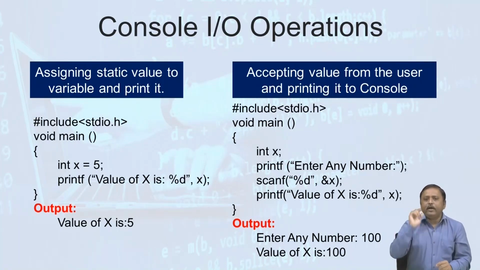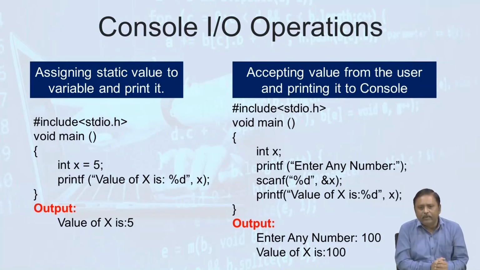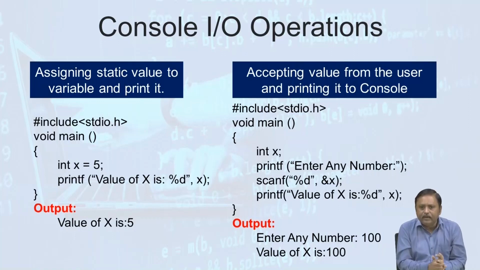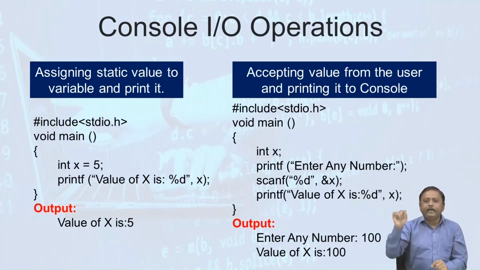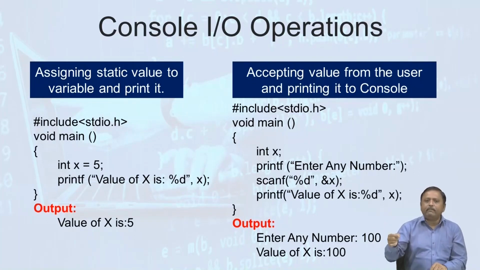So here it means I want to read an integer, but where do I need to store that integer? Ampersand and x. Ampersand is the address of operator. So this statement should be read as: scan an integer value from the user and store that value at the address of x.